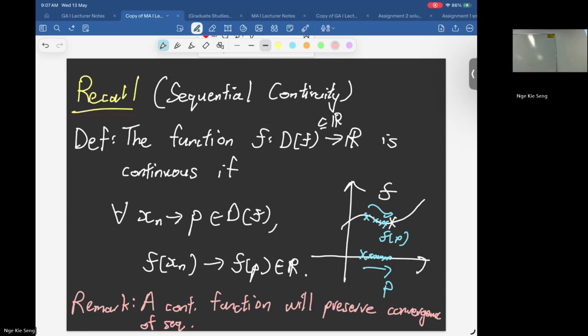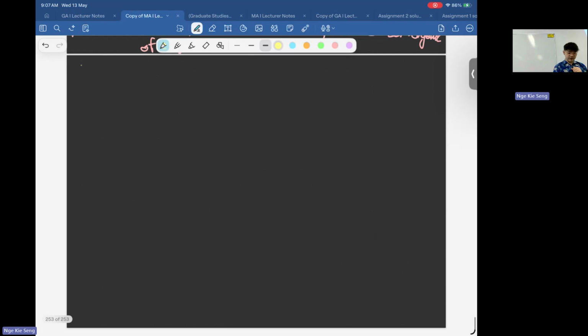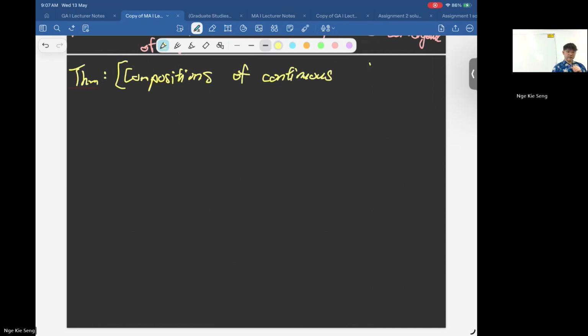Okay, so now we can prove one theorem. I invite you to think about this: the composite of continuous functions is still continuous. Have you used this somewhere before in calculus?